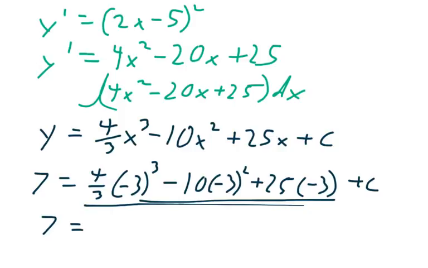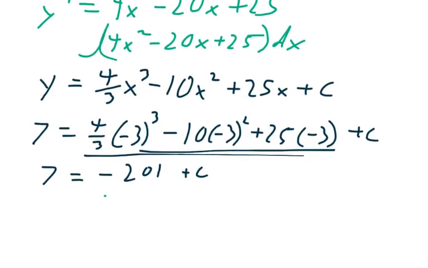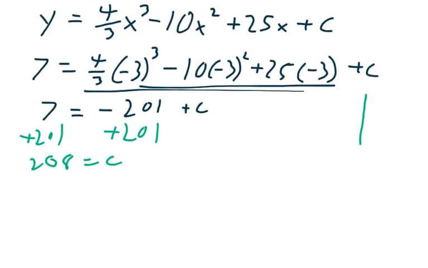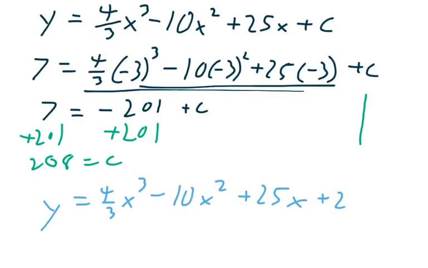So 7 equals negative 201 plus c. So we're going to add the 201 to both sides to get 208 equals c. So my final answer is y equals 4/3 x cubed minus 10x squared plus 25x plus 208.